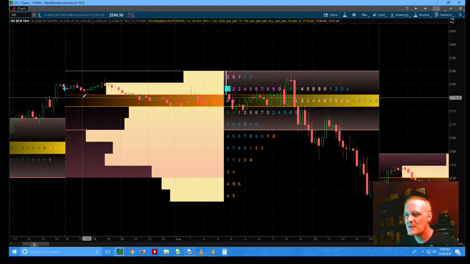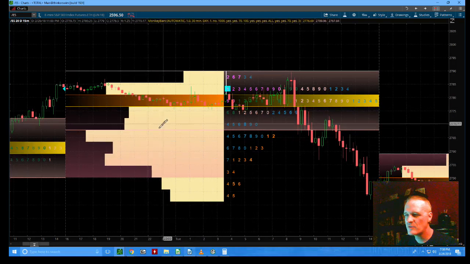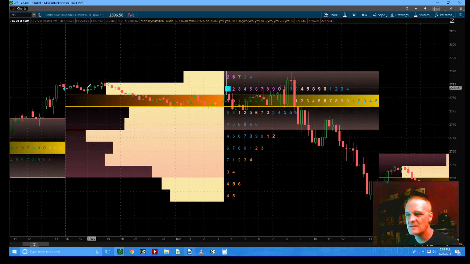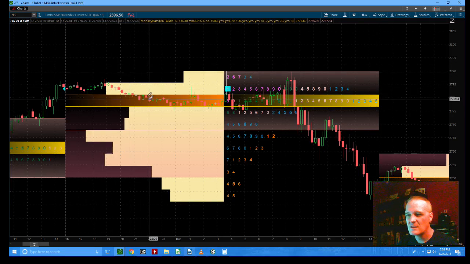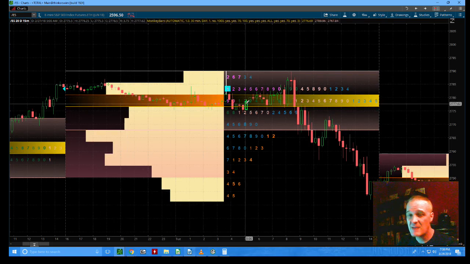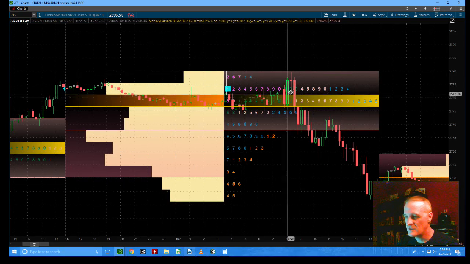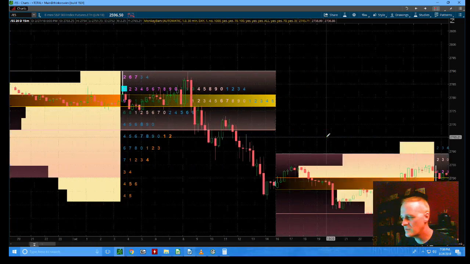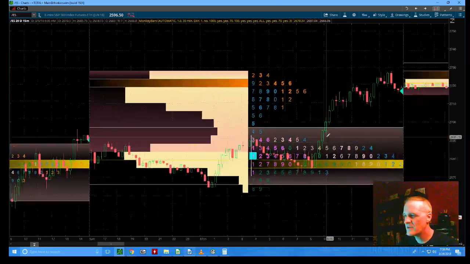But the point is that because these two were lined up, it acted as a stronger point of control, and the particular security spent not only most of its volume at that price level, but also most of its time at that price level. And you can see the strength here, versus if you forward to a different trading day where there was a disparity.